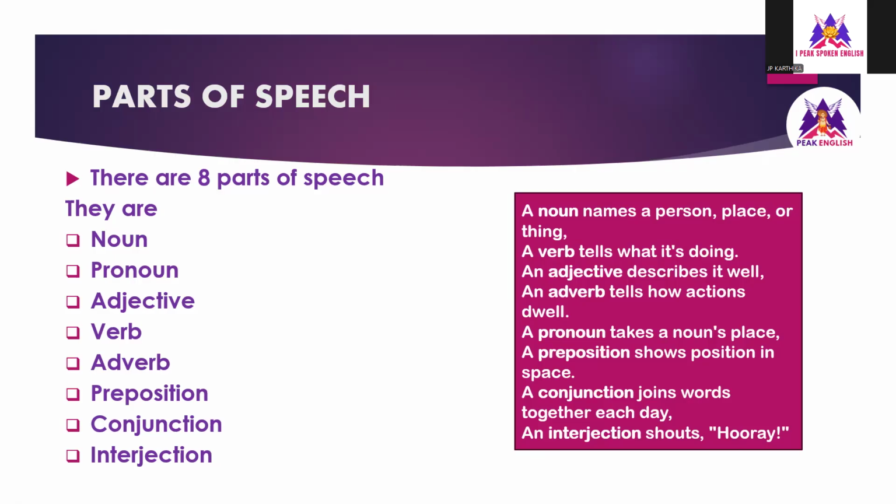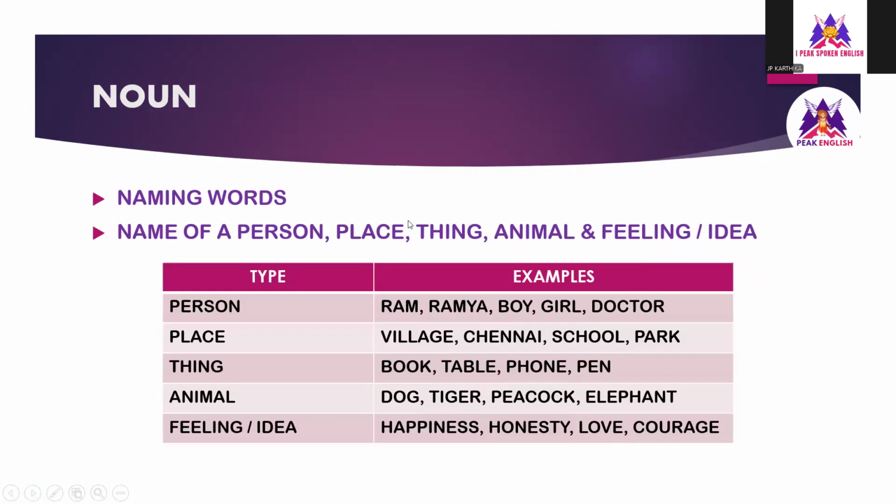Okay. So let's see. The first one, noun. What do you mean by noun? Noun means naming words. Name of a person. I have a name. You have a name. My name is Kartika. And what is your name? Every person has a name, right? And the same way every place has a name.